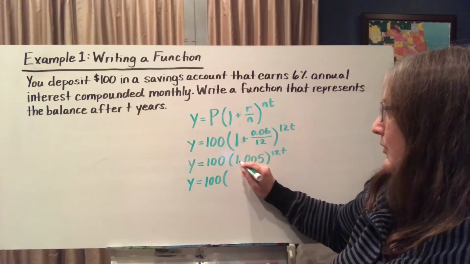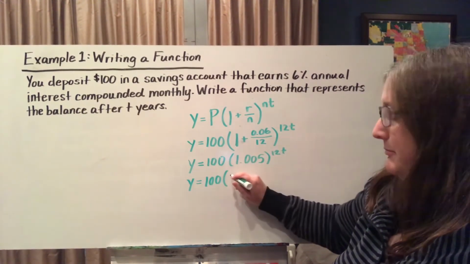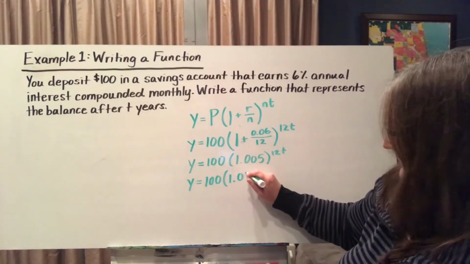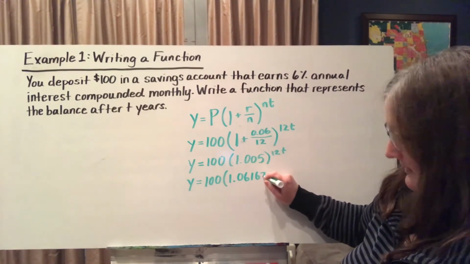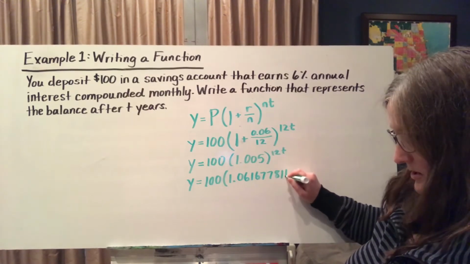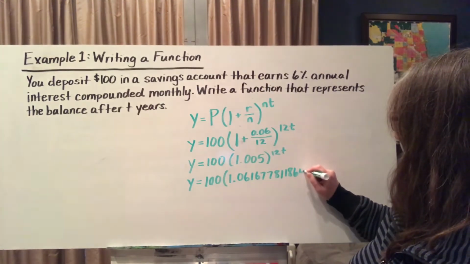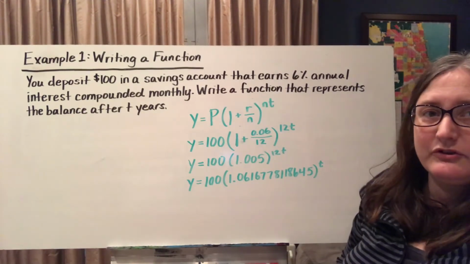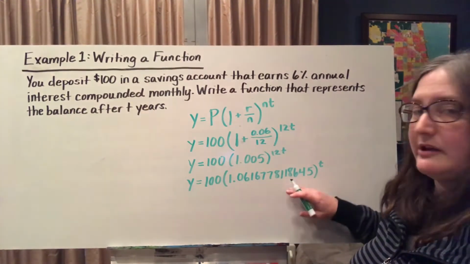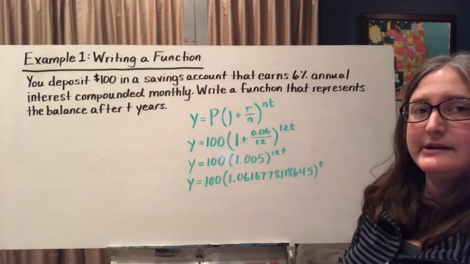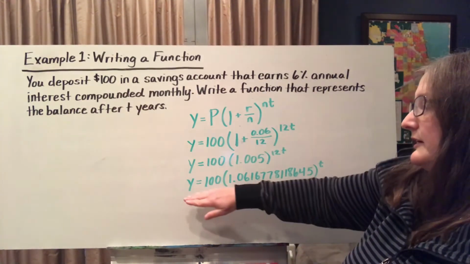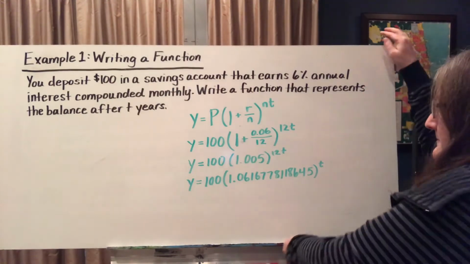I can do the 1.005 to the 12th power, but it's going to give me a very long number, 1.061677811864. So the reason I don't like this one as much is because that's going to be a very long number to type into my calculator many times over. So I'd probably use this formula, even though technically this one is more simplified.